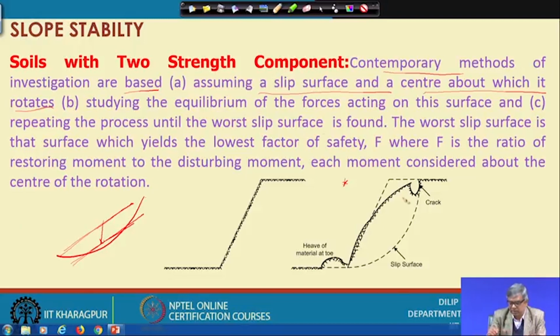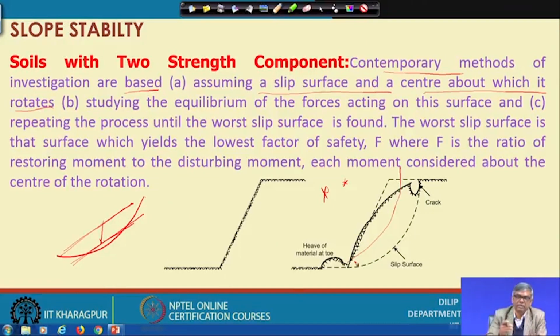That means I consider a slip surface, and based on the resistance and the disturbing force, the ratio gives the factor of safety. Similarly, I consider another center and another failure surface, and again find the factor of safety. Like that, we assume different trial slip surfaces with different centers and find the slip surface for which we get the minimum factor of safety.